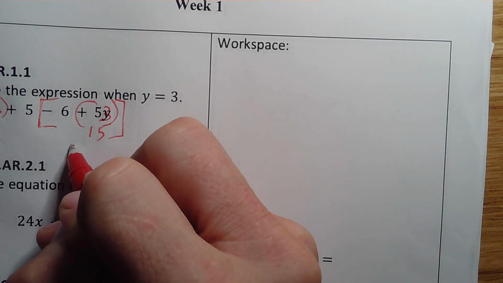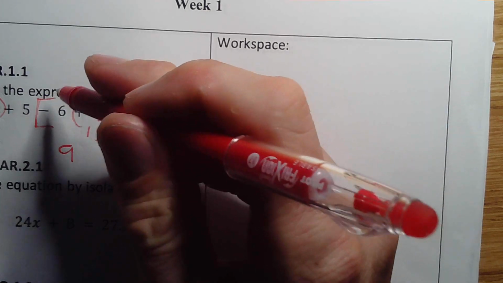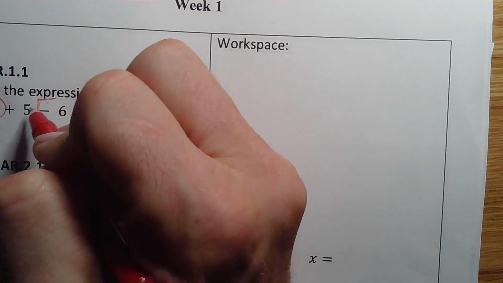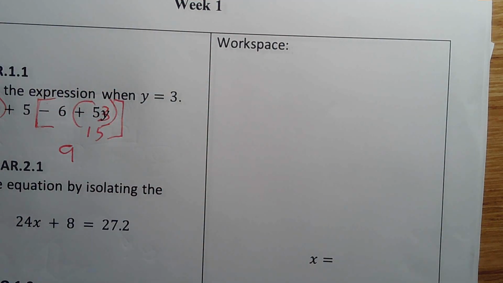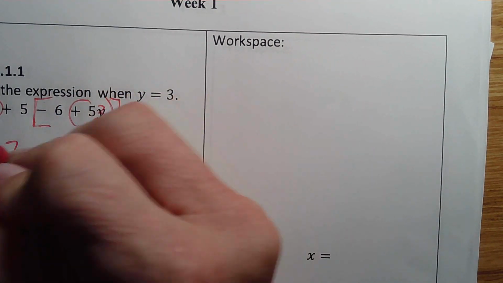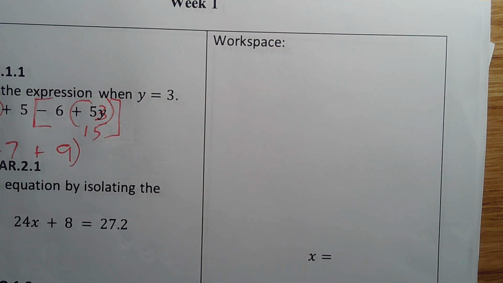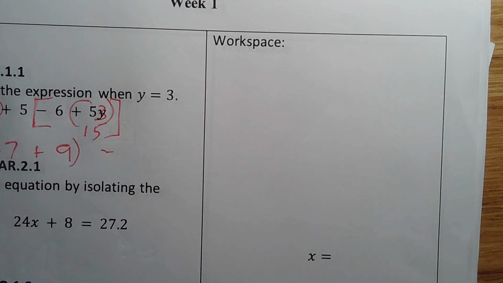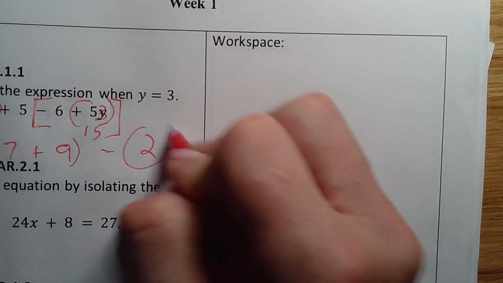Negative 6 combined with 15 is 9. And then this is going to be negative 12 combined with 5. Negative 12 plus 5 is negative 7. Now I have to combine these two. Negative 7 and 9 combined is 2.